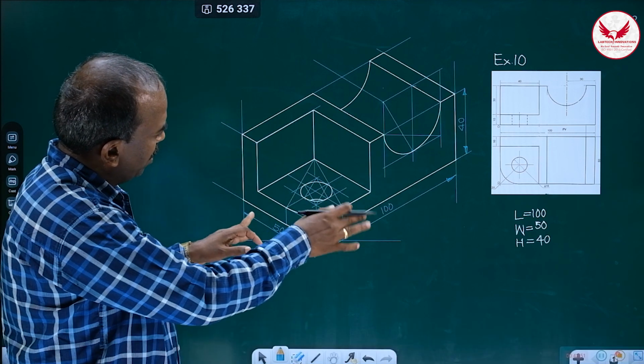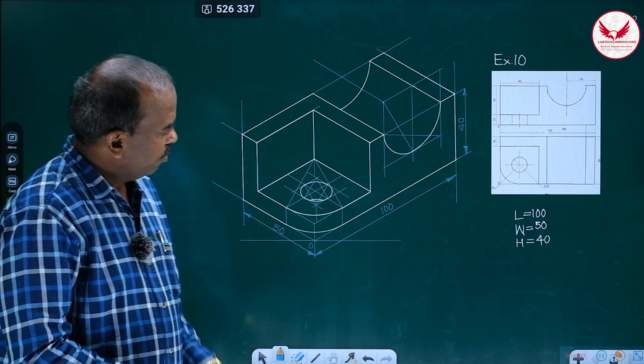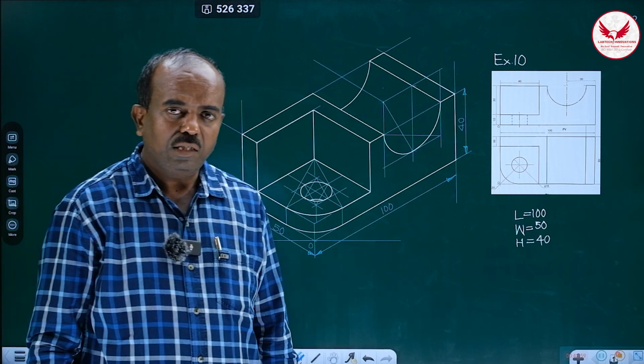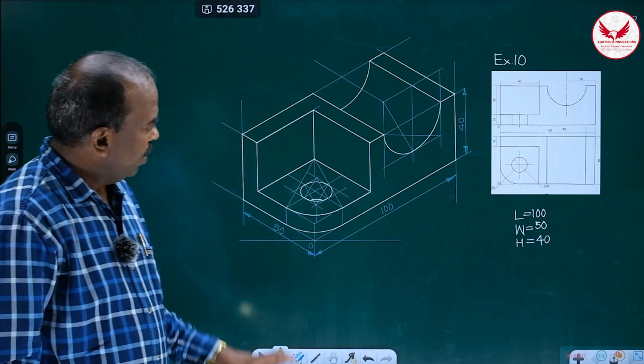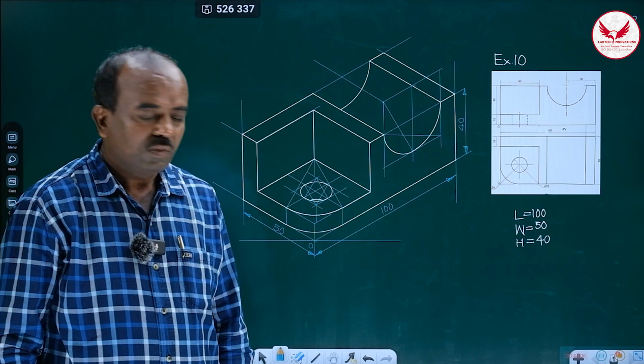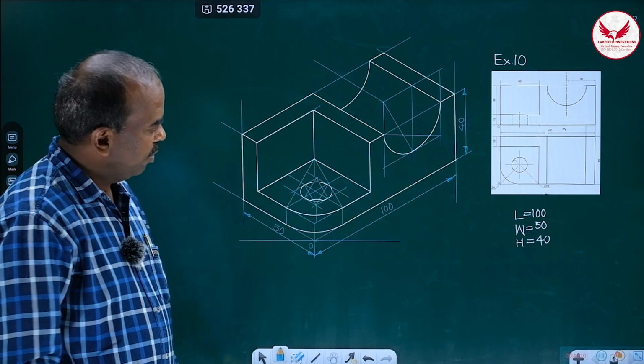Now if you see the problem and solution, it is perfectly matching, but with proper understanding, if you draw step by step, you will like it. And once we finish the isometric view we get some satisfaction. So it is the isometric view of that given object.